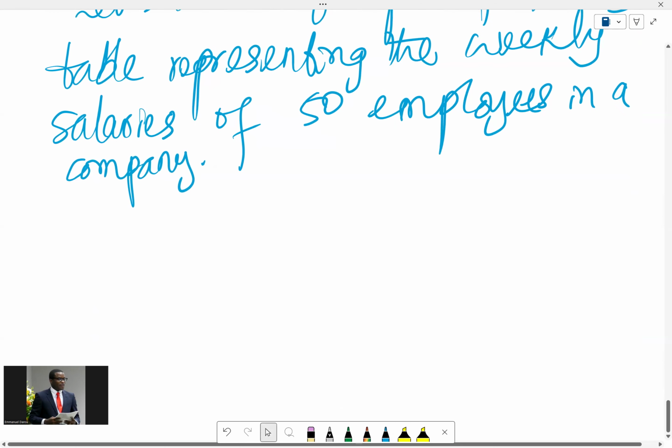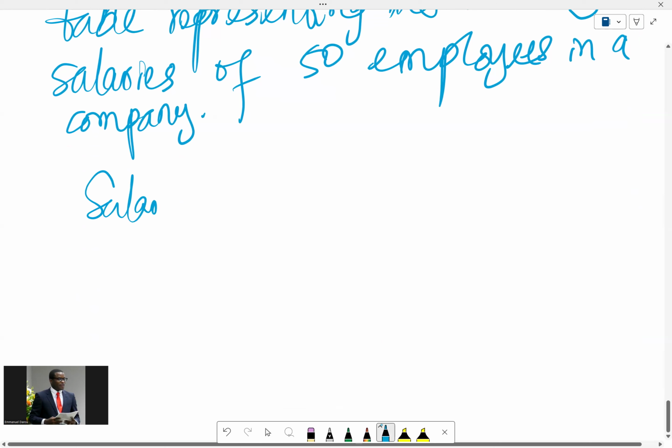Okay, and this is the table. We have the salary range, and then we have the frequency.